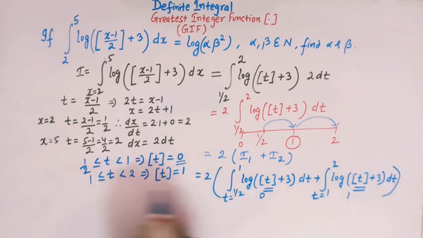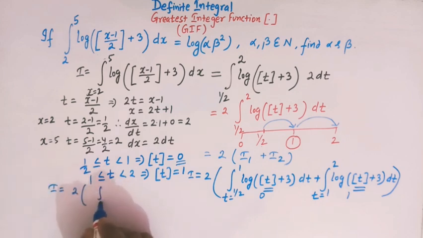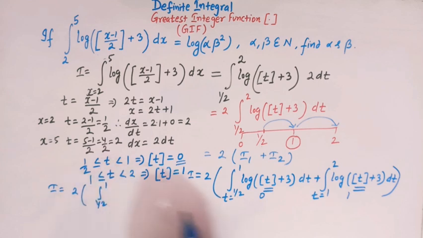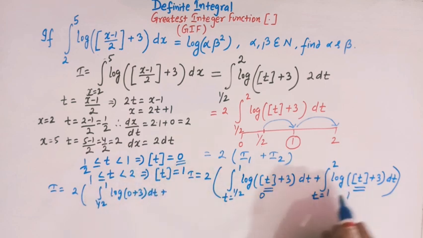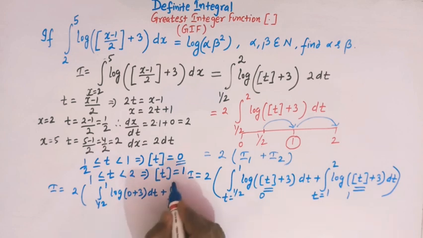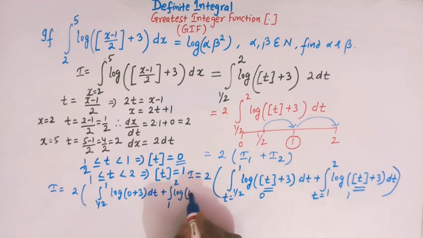So now this integral I can be written as 2 times the integral from half to 1 of log of 0 plus 3 dt, and this integral I2 is from 1 to 2 of log of 1 plus 3 dt.